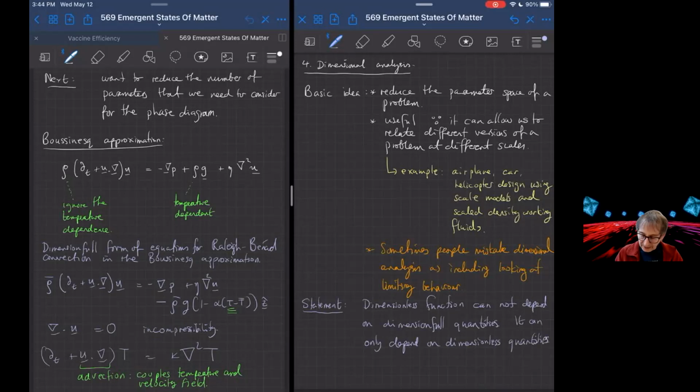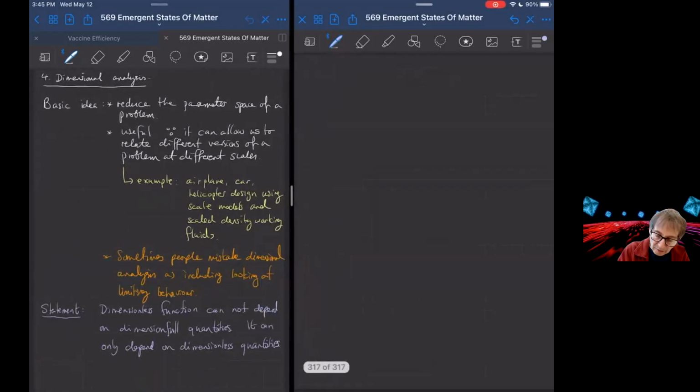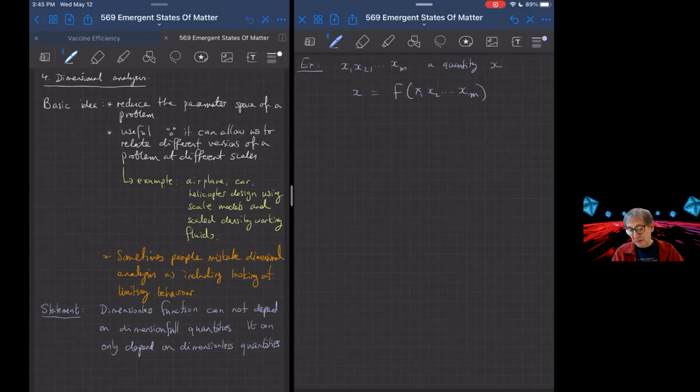So let's take as an example the following physics problem. We may have a problem where we have variables x1, x2, up to xm, and some quantity x, which is a function of those. So we would say x is some function of x1, x2, up to xm. Okay, so that would be the usual setup.